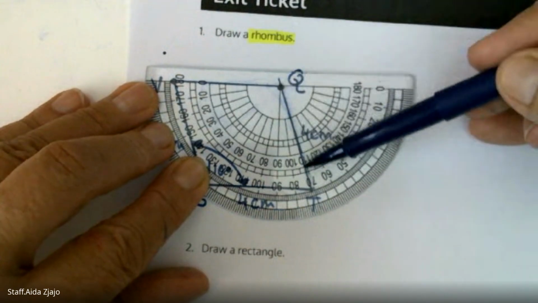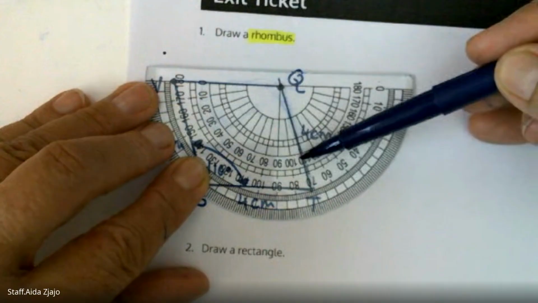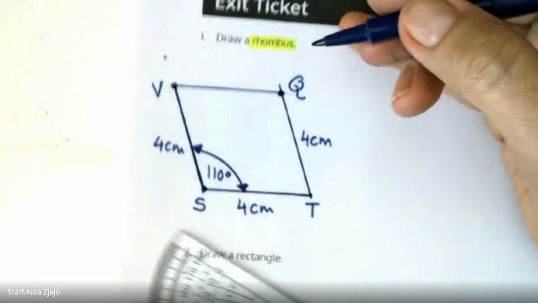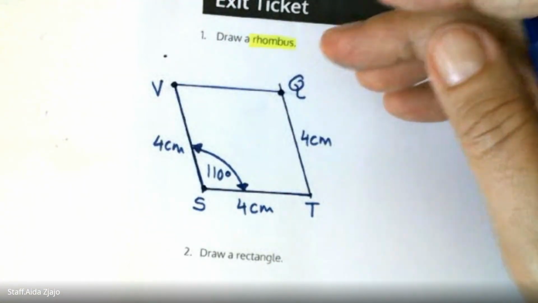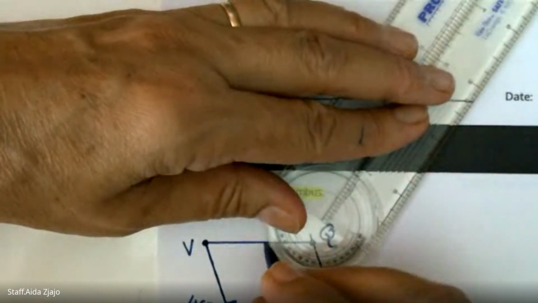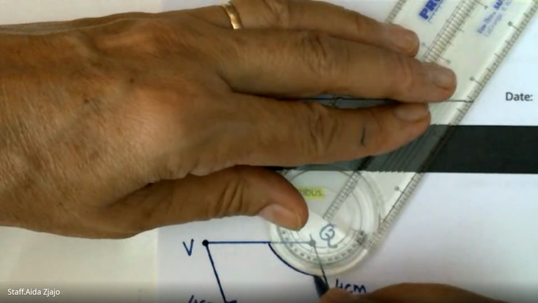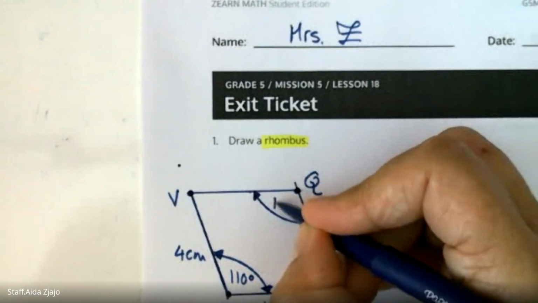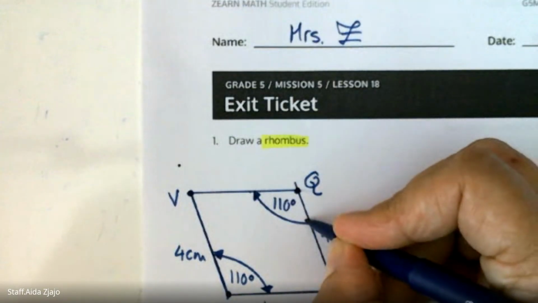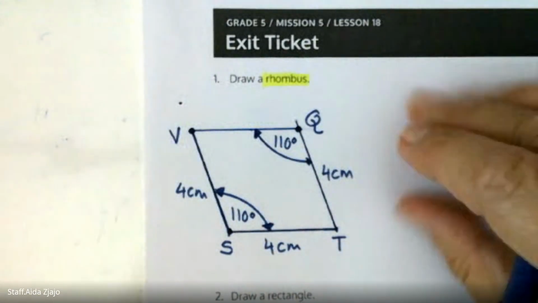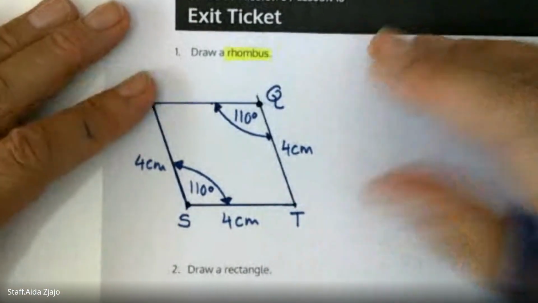It's right here, 110, and it is correct. So another, using this one just to make the same. Okay, and that is 110 degrees.